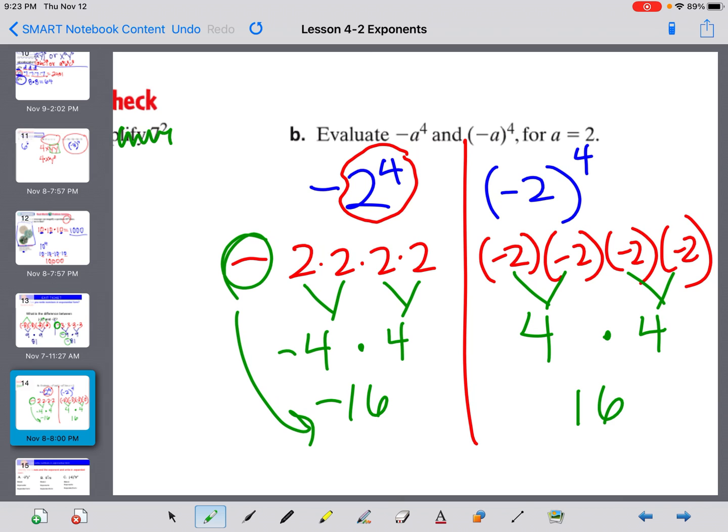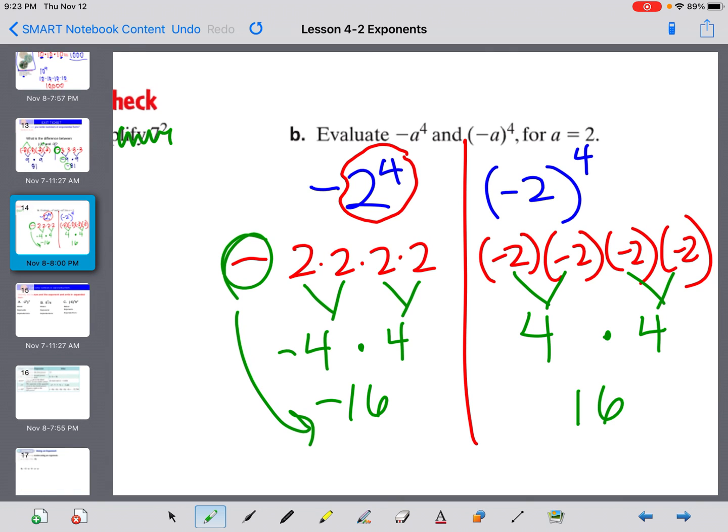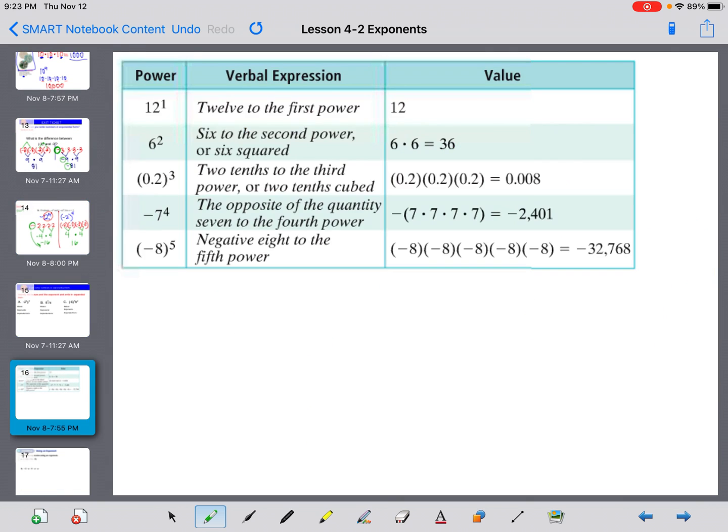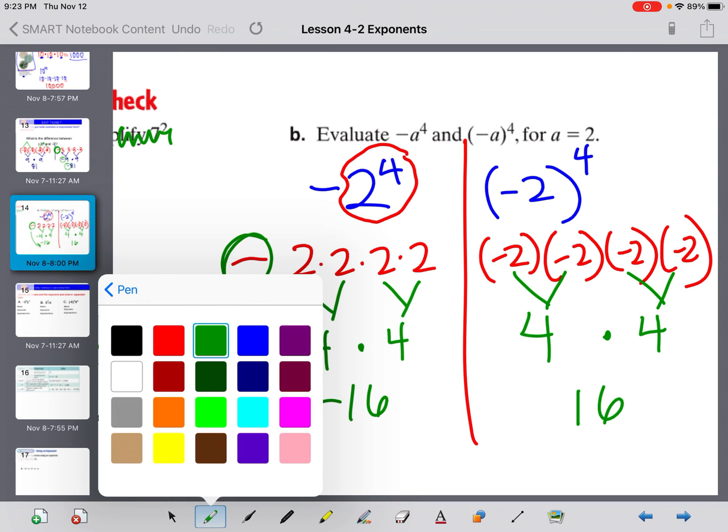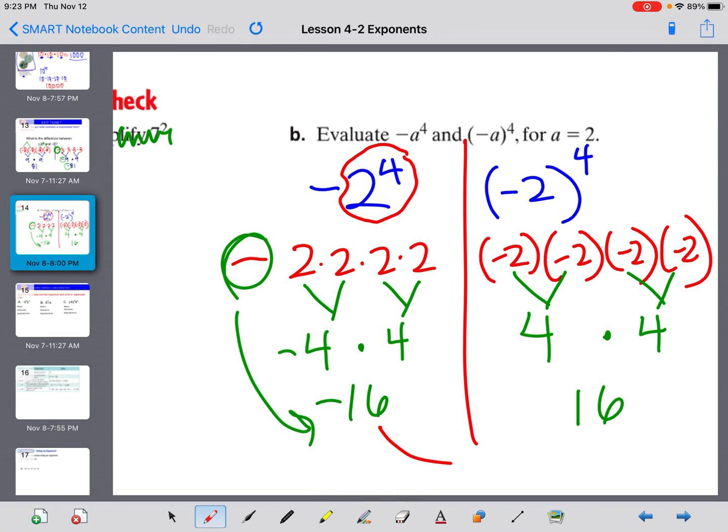This is going to be a huge, huge, huge thing today and tomorrow when we're practicing. Because some people are going to have completely opposite answers, and by opposite I mean the definition of opposite, sides of 0, than another person. Because you have to, should I say it again? Have to pay attention to the negatives.